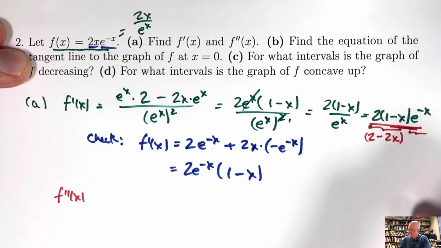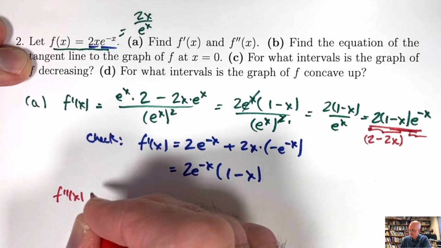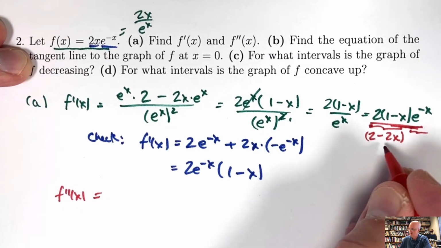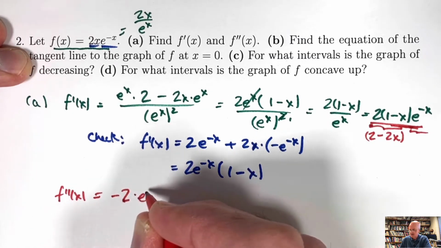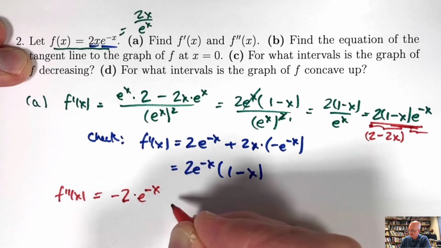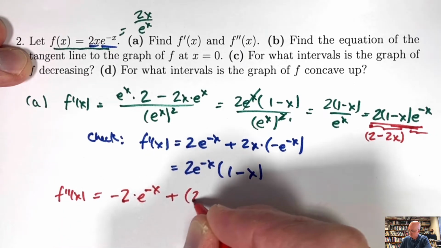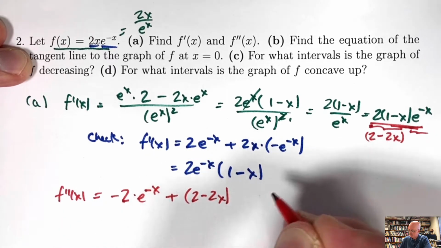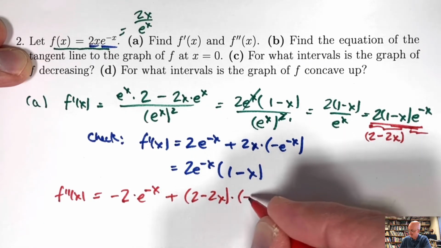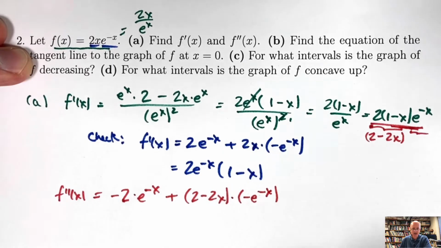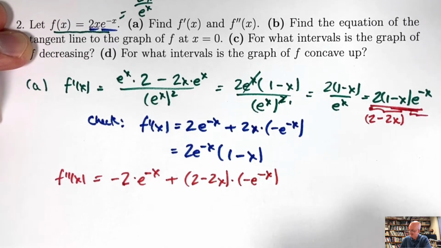And your second function is e to the negative x. So the derivative of the first function, 2 minus 2x, is negative 2. And the second function is, again, just e to the negative x, plus the first function, 2 minus 2x, times the derivative of the second function. Once again, the derivative of e to the negative x is negative e to the negative x. You've got to be careful about your minus signs here. Real easy to make a mistake.